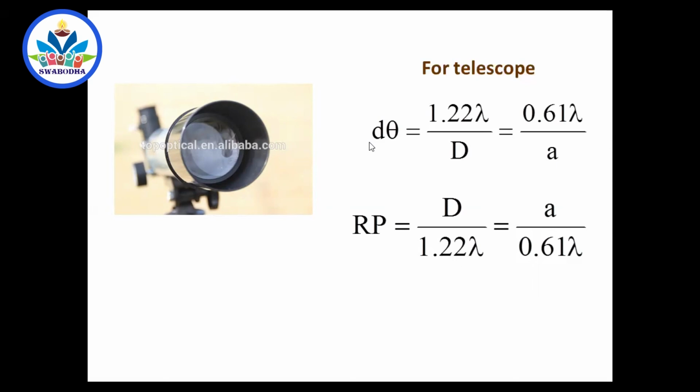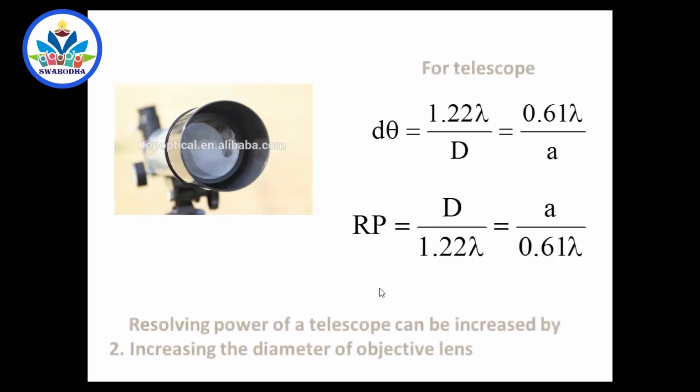How much angle they create on the telescope? That minimum angle is called limit of resolution, and that is equal to 1.22 lambda by d. Lambda is the wavelength of light coming from the object, d is the diameter of the objective lens, and resolving power is the reciprocal of limit of resolution, d by 1.22 lambda. Now increasing the resolving power of a telescope is increasing the capital D. Okay, right. And with this I will end the class.